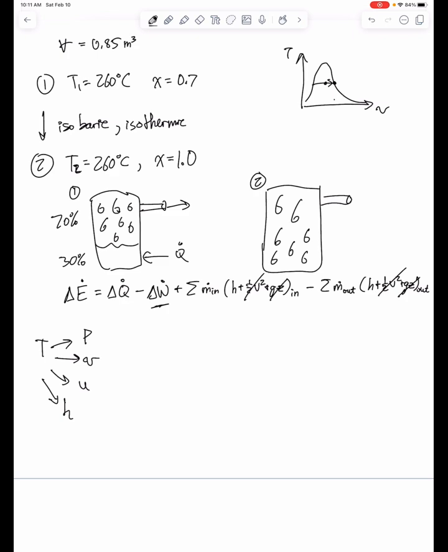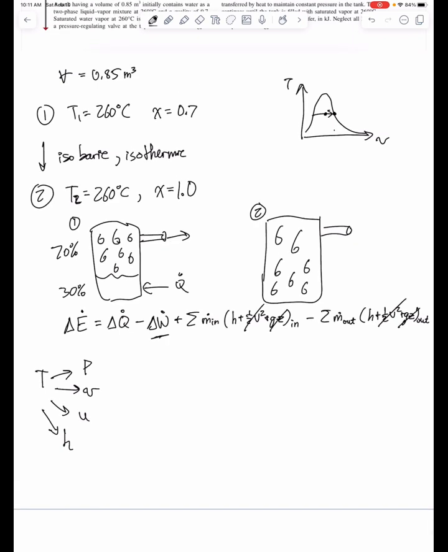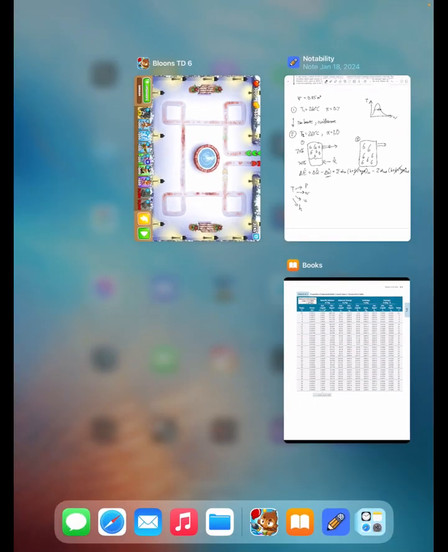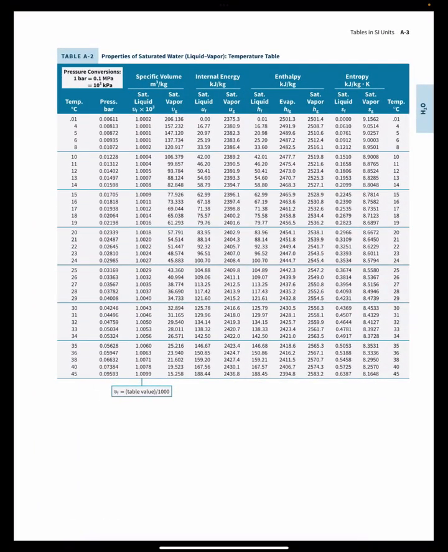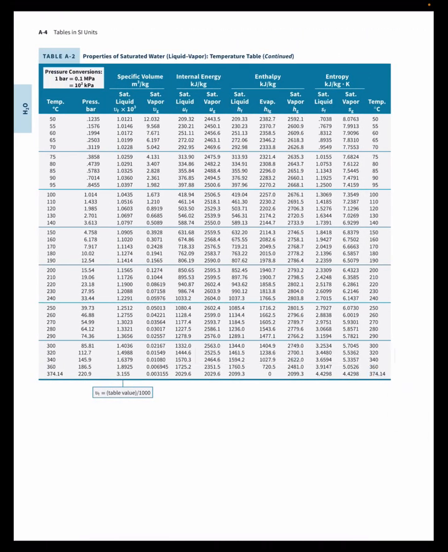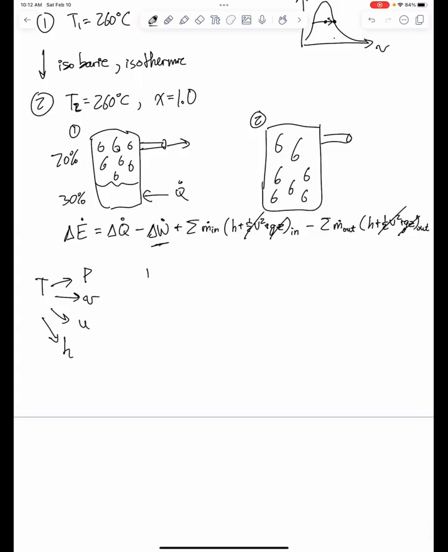Pressure is probably the easiest because we know it's in the steam curve. Let me check the steam table to see where the saturation pressure is. 260, right? It's right there. 46.88, 48 point.